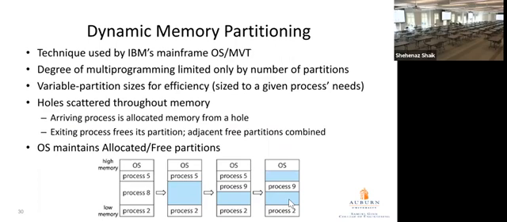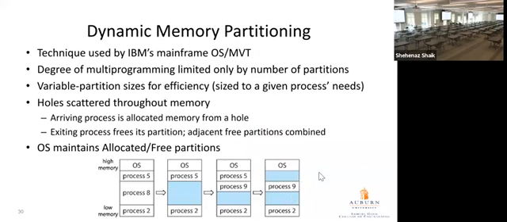We may want to allocate one of these holes to the arriving process such that it results in a smaller number of holes, or holes of reasonable capacity, so that they can be used again. So there are various factors here.